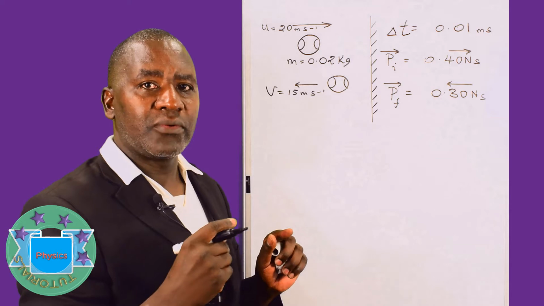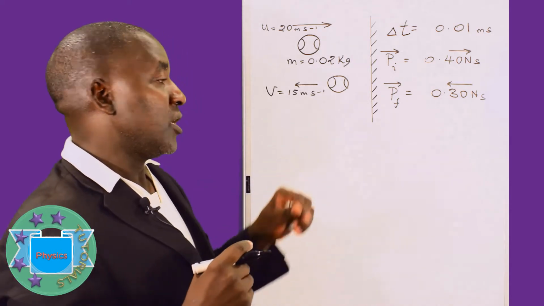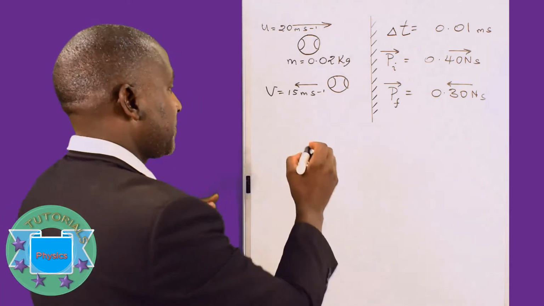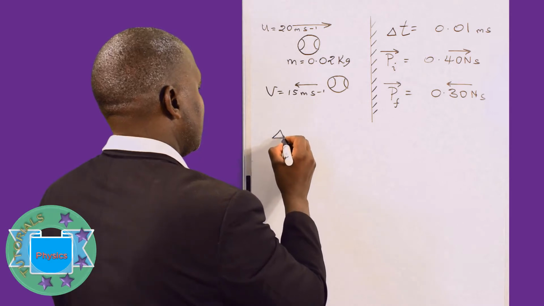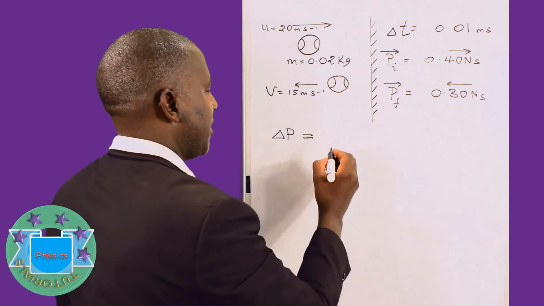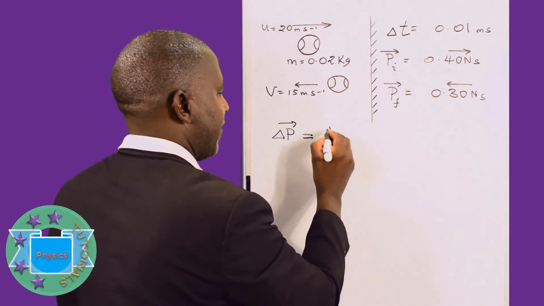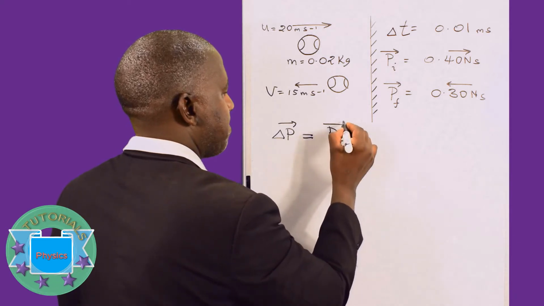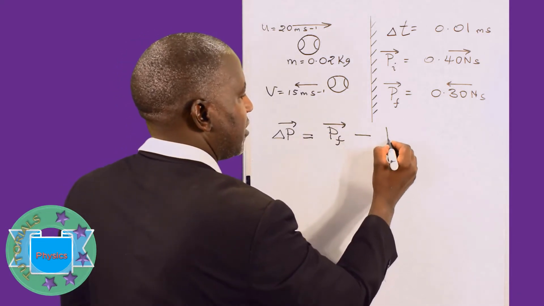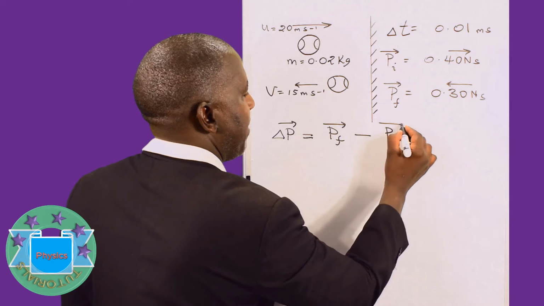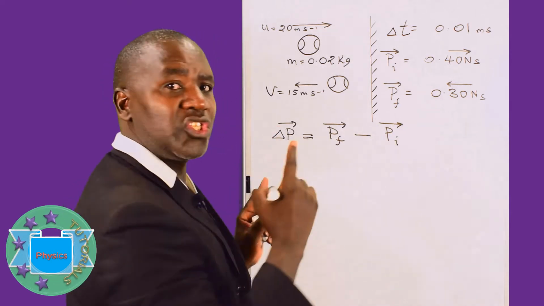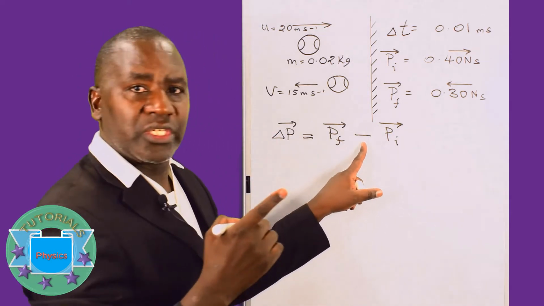How can I work out the change in momentum? Change in momentum. Very easy. I get the final momentum, I subtract the initial momentum. Remember, when change is mentioned, it is a subtraction.